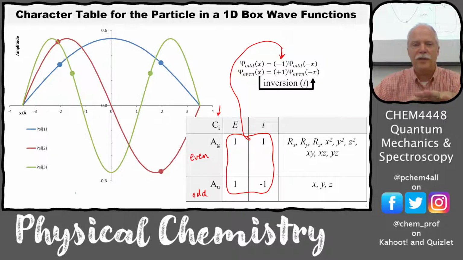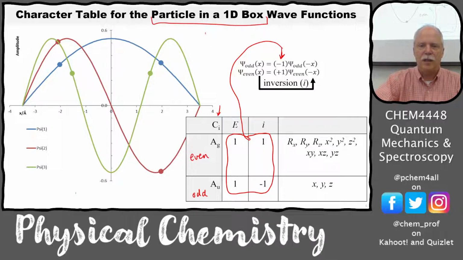So here we have for this particle in the 1D box the character table. For Ci, that's the point group of this molecule or this system. Particle in a 1D box is Ci.